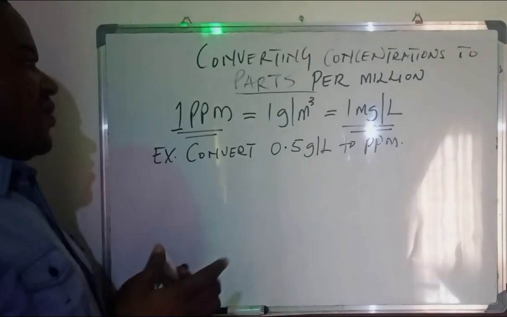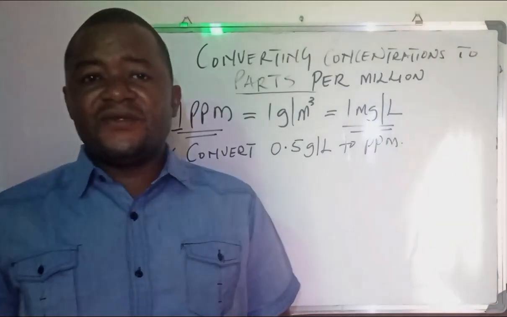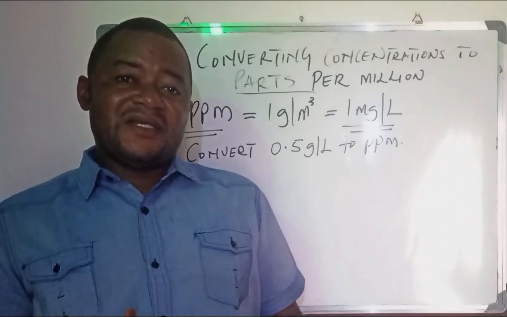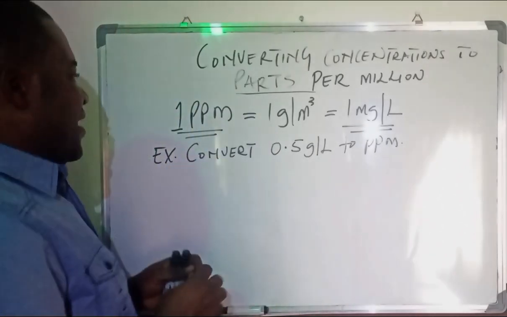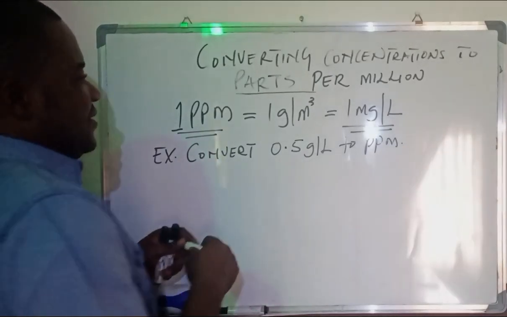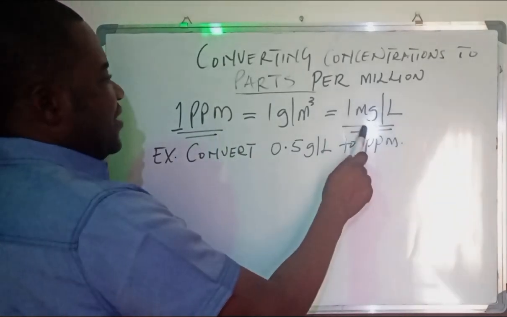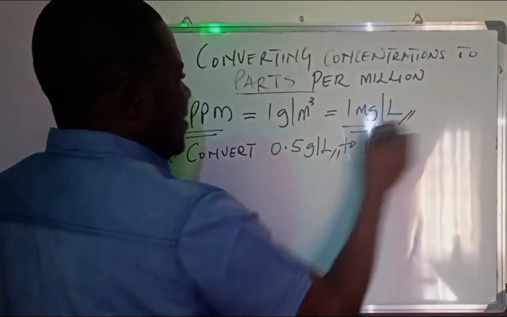Assuming we were carrying out some laboratory work and we were expected to convert our values from grams per liter to what? Parts per million. Now, I want us to know that if you take a look at your parts per million, the conversion is in milligram per liter, and this is already the same with this.